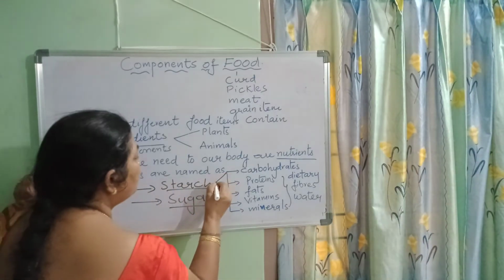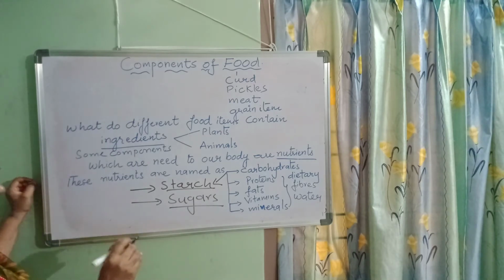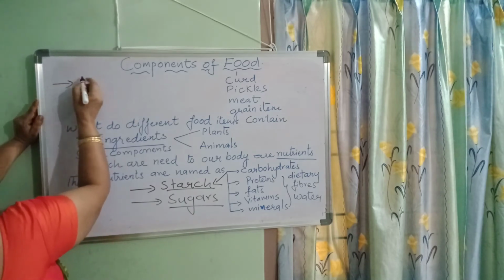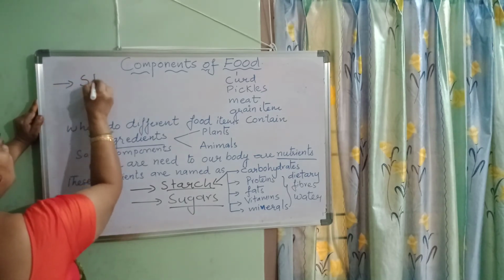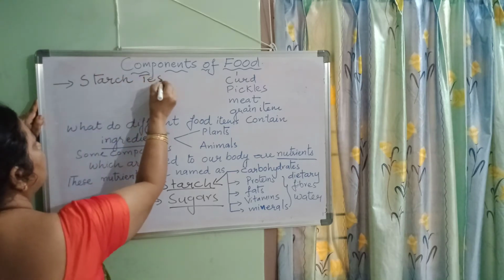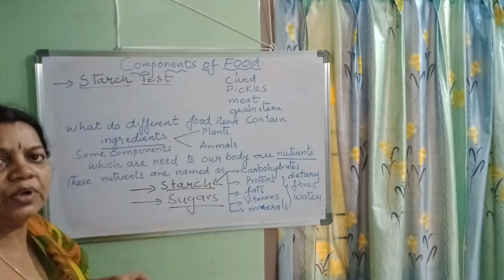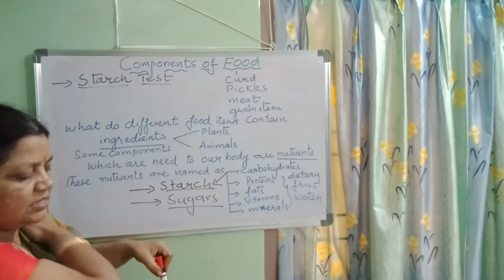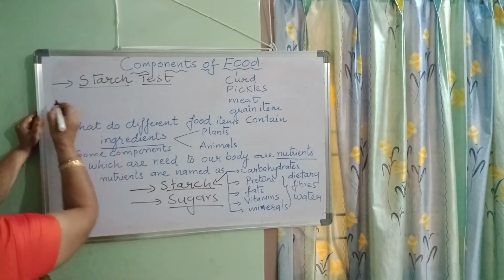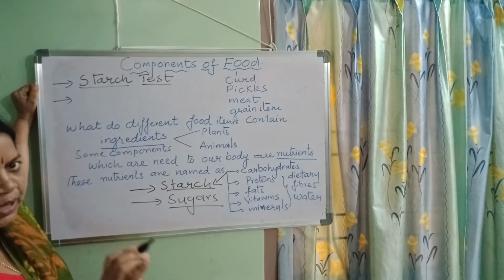When we want to test whether starch is present, we do the starch test. Starch test means testing for carbohydrate, and we can do it by taking any carbohydrate food item, raw or cooked.